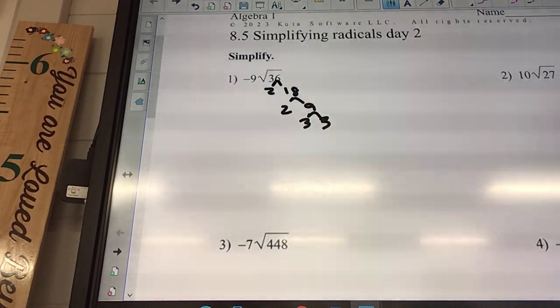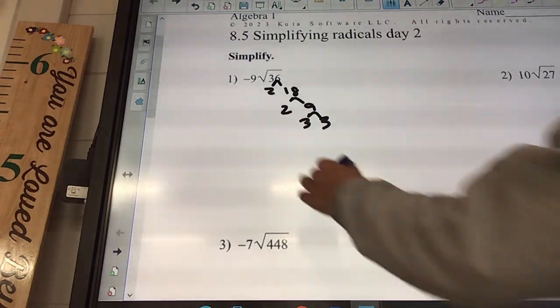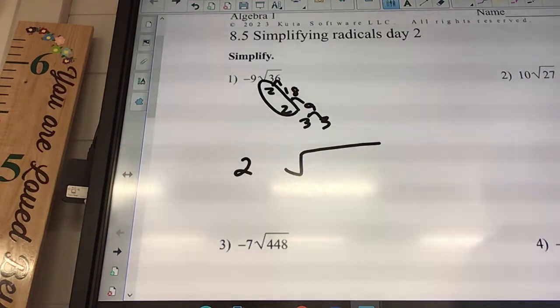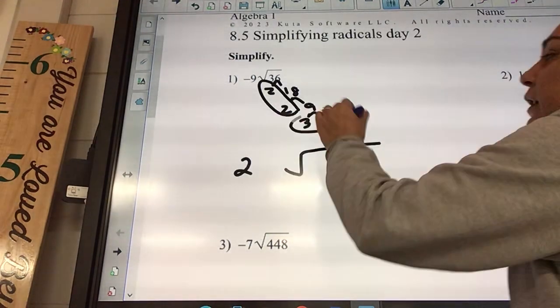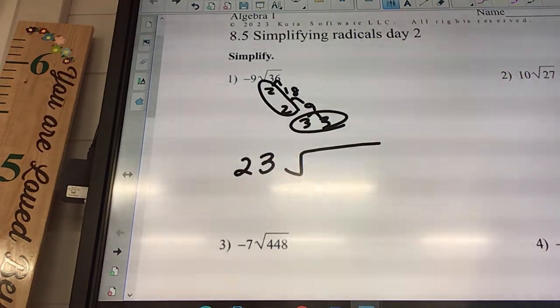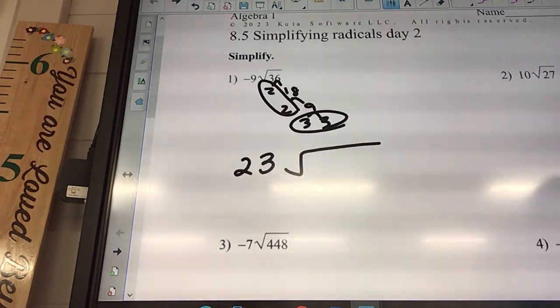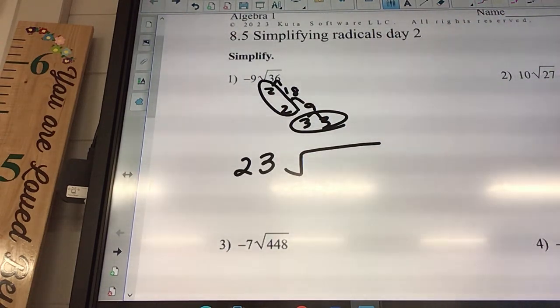This part is the same as yesterday. So, who can go? A group of 2s, and they're going to go on the outside. Who else can go? The 3s. Who cannot go? We don't talk about those numbers, remember. So everybody can go.